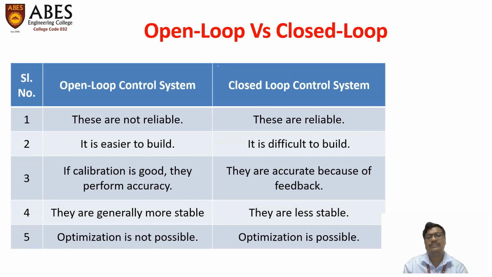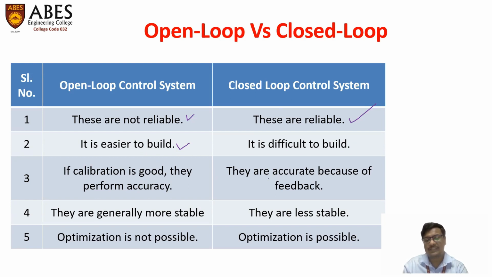Now coming to the difference between the open loop system and the closed loop system. The open loop system is not reliable because we do not get our desired response. Here we get the desired response. The open loop system is easier to build, while the closed loop system is difficult to build. In the open loop system, if the calibration is good, then it gives the best accuracy.